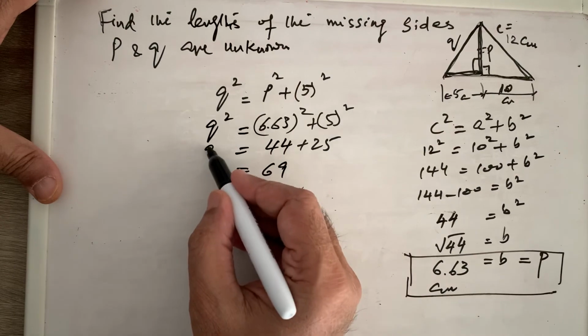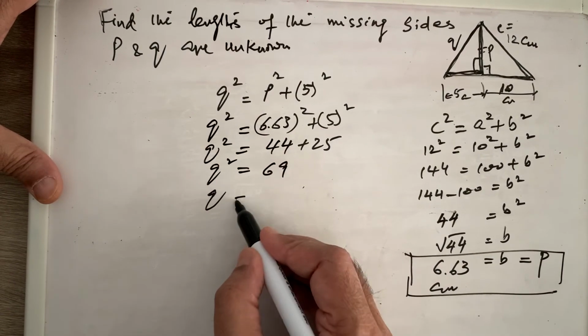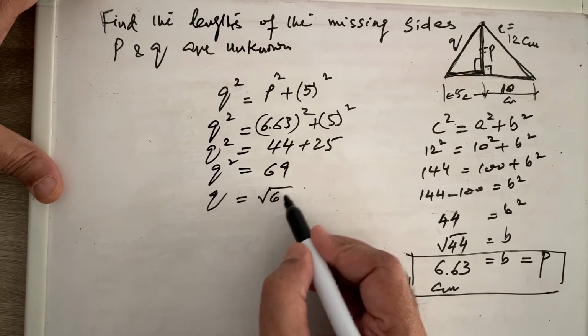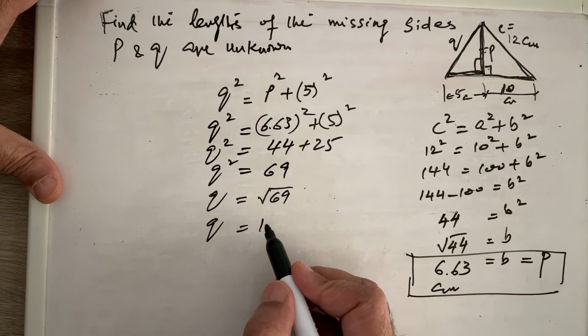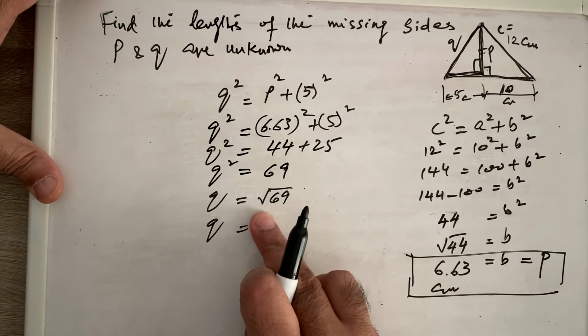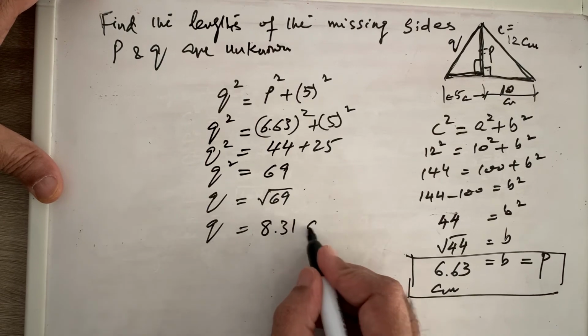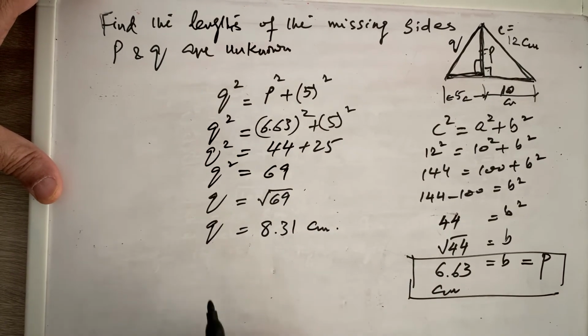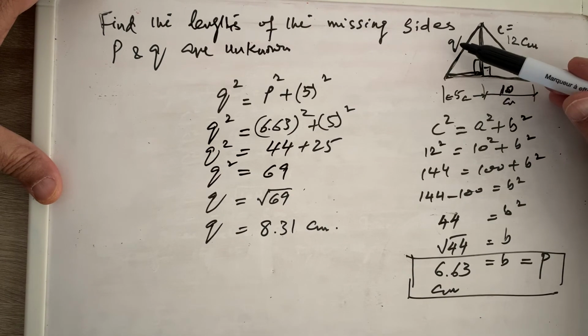But this is the value of Q square, and what we need to find is Q. So Q will be equal to the root of 69, which is 8.31 centimeter. So we found the two unknown values here, which were P and Q.